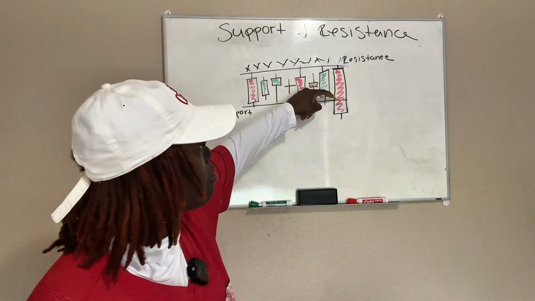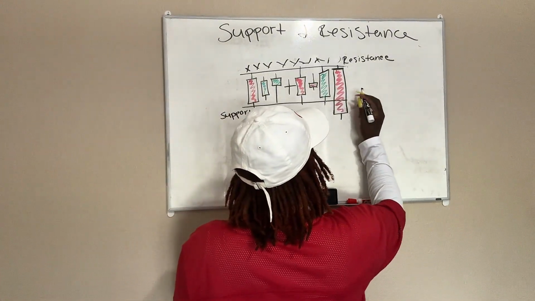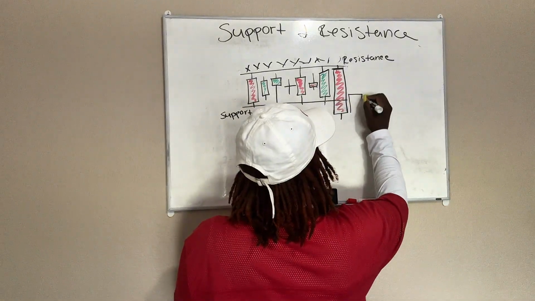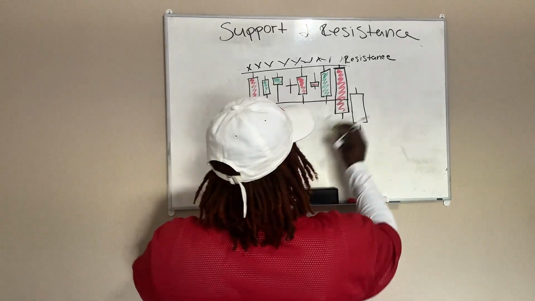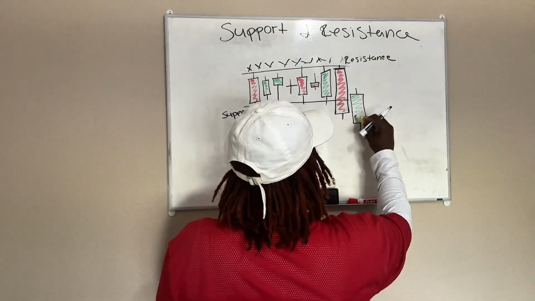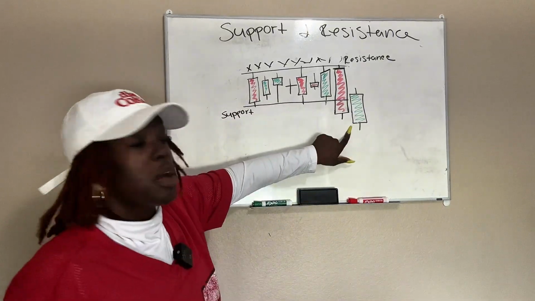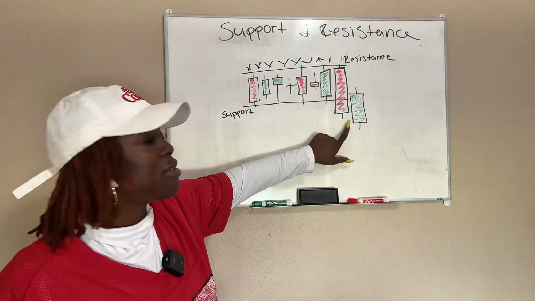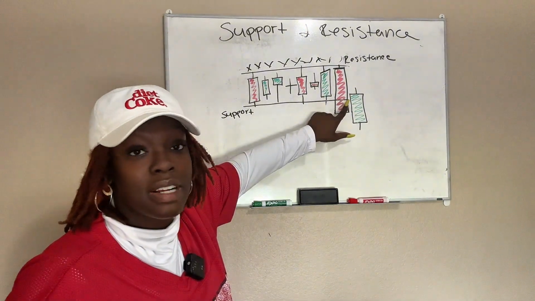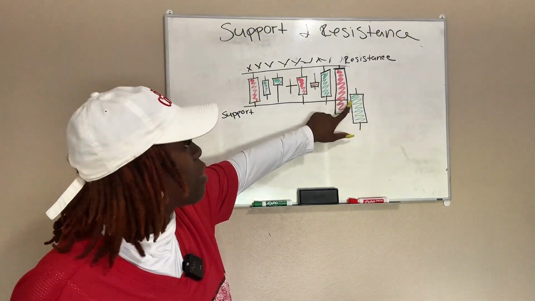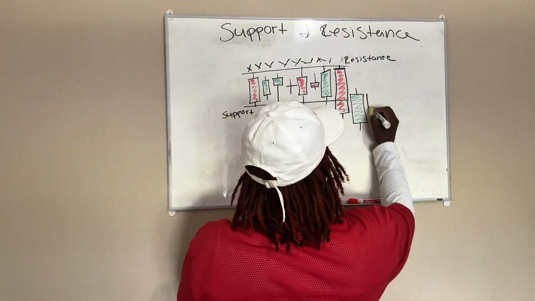The bears came and pushed through the line the buyers were locked in, and the buyers try to push them back into that support, because the buyers' goal is to go up. This is called a retest, really testing the bears to see if they're strong or not. And if the bears are strong, what you will see is this right here.